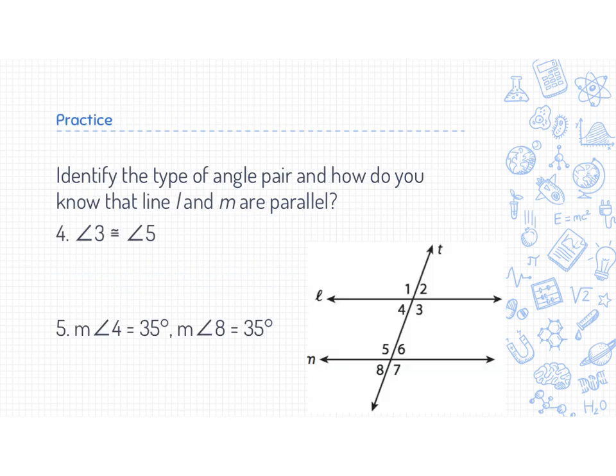A little practice here. As we look at it, identify the type of angle pair and how you know that the lines L and M are parallel. If we look at angle 3 and 5, those have a relationship as alternate interior, and since they are congruent, we then know that L is parallel to M. And then if we look at 4 and 8, that one's 35 and that one's 35, which means they have the same measure, which is the same as saying that angle 4 is congruent to angle 8.